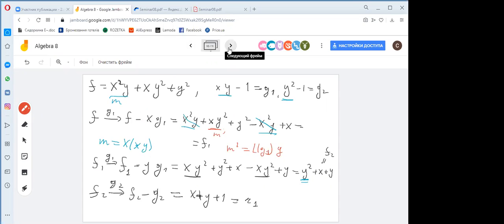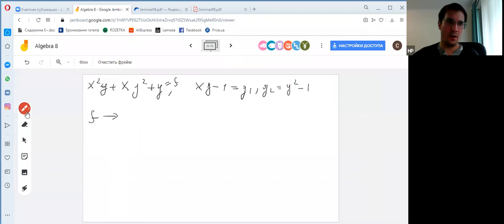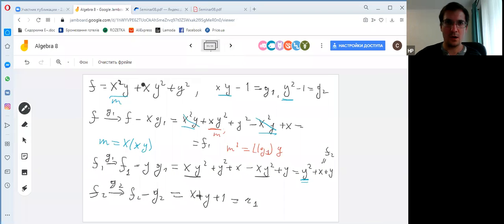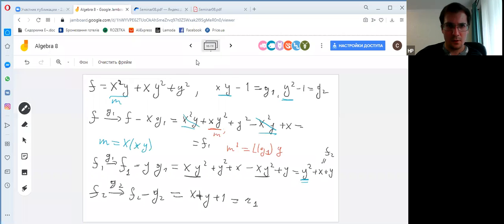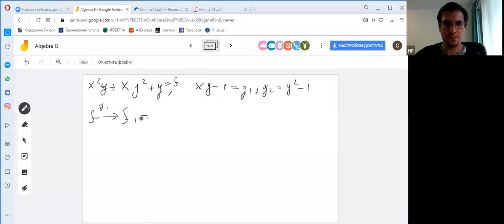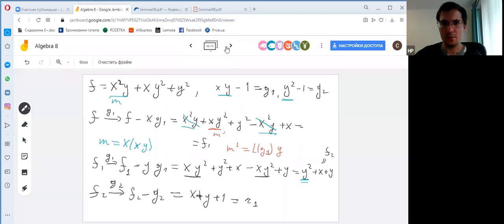Okay, we go from f to f1 by the same step, the reduction by g1, and f1 is equal to xy squared plus y squared plus x.